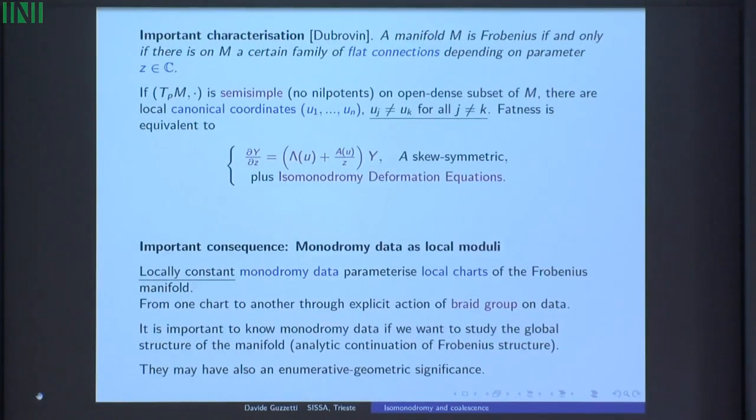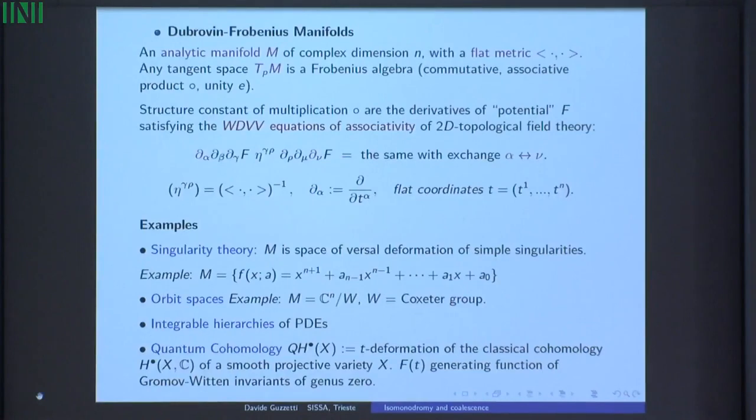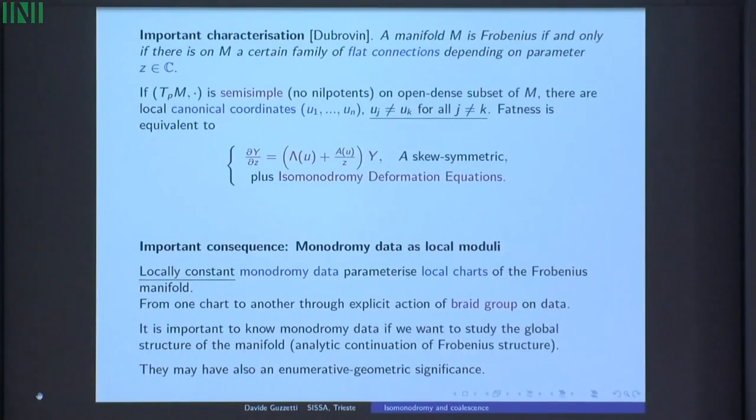So it's important to know the monodromy data of the Frobenius manifold if we want to know the global structure of the manifold, and if we want to apply this knowledge to, for example, quantum cohomology, enumerative geometry and so on. So this is a motivation why we want to study this system.